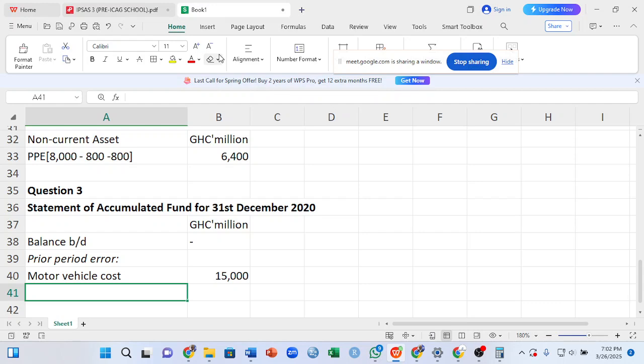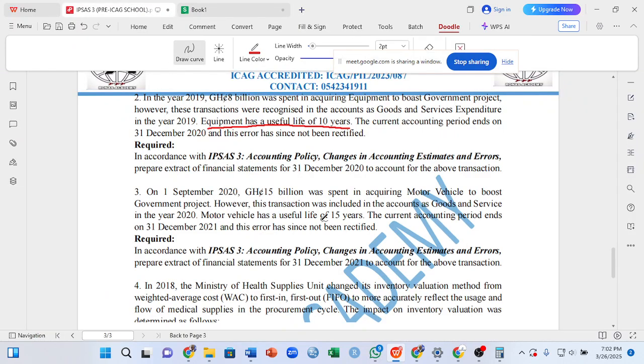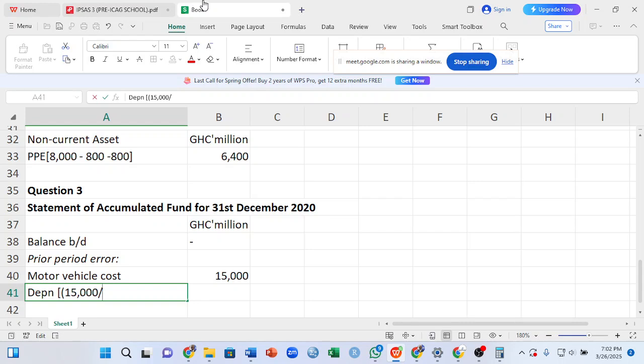The next thing we need to do is the depreciation. We'll calculate the depreciation, which will be the 15,000 divided by the useful life. The useful life by the question was what? 15 years. So we'll divide by 15 years.